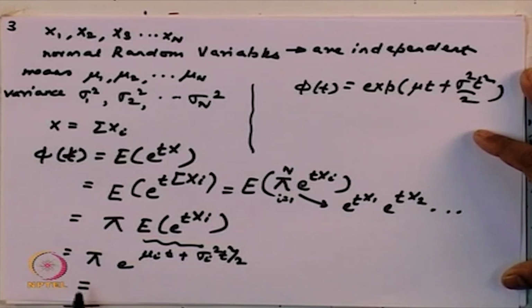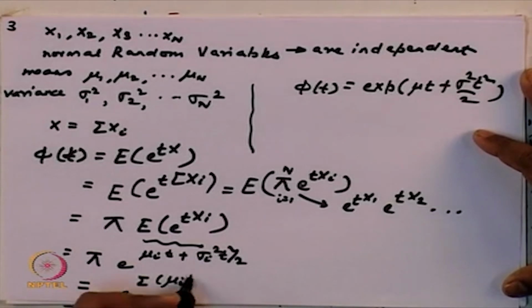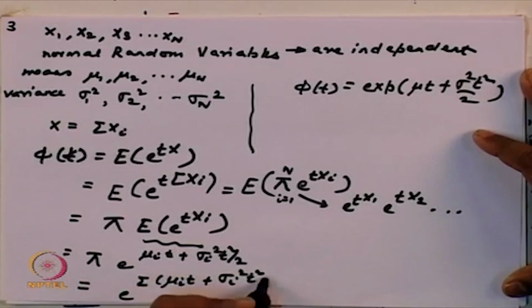So eventually you will get phi of t as e to the power summation of mu i t plus sigma i square t square by 2.